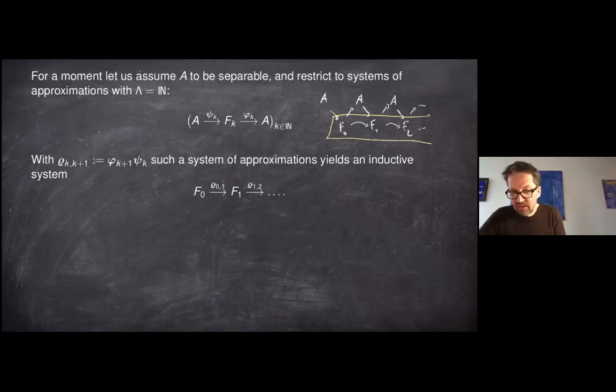And then I can look at a system like this by itself. And if A is nuclear, and if the system comes from an approximating system like this, then this system here will clearly encode all the information about A. That's the system I've written down here, and the rho k, k+1 are just these compositions.